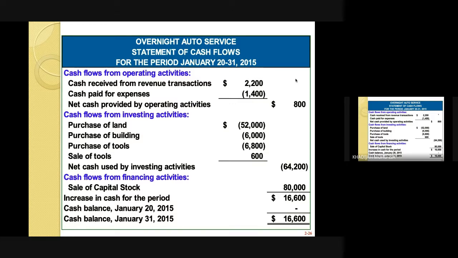I won't go into that now. But you see how the money moves, because we're talking about cash flow, the movement of your cash. You have operating activity, investing activity, and financing. Financing is how cash finances the business.